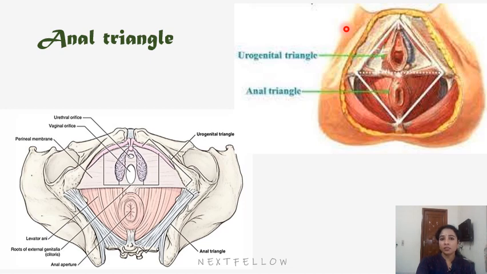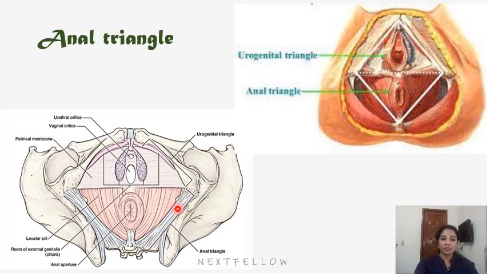Now the boundaries. Anteriorly we have the urogenital diaphragm with the perineal membrane, which separates the superficial and deep perineal pouches. Posteriorly it is limited by the gluteus maximus muscle, and also by the sacrotuberous ligaments.